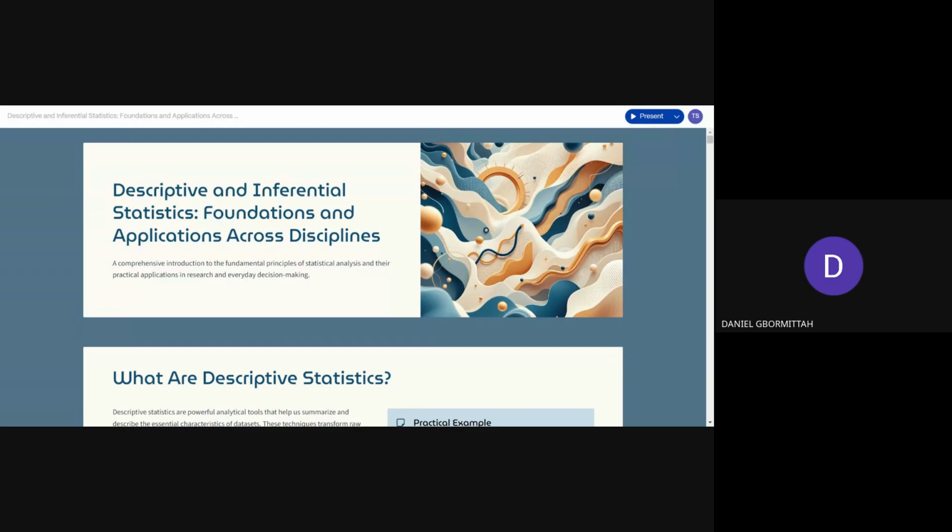You may also be mentioning the chi-square and so forth. So those are examples of inferential statistics. But look at the descriptive statistics. We mentioned what? The mean, median, mode, variance, standard deviation, range, and skewness.